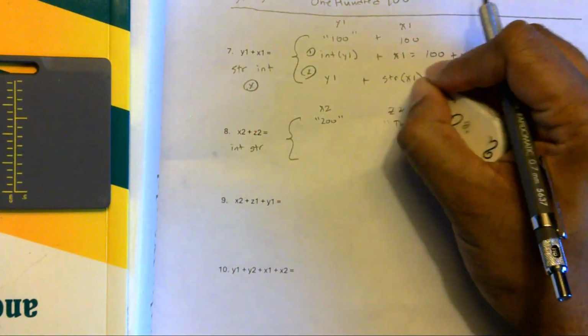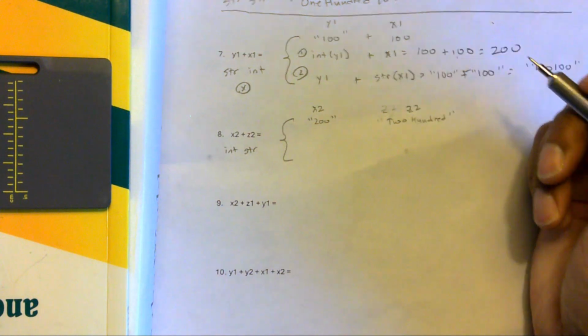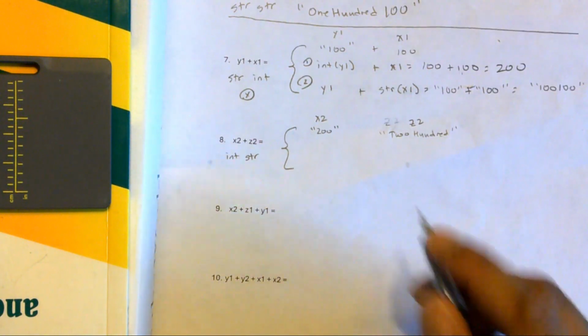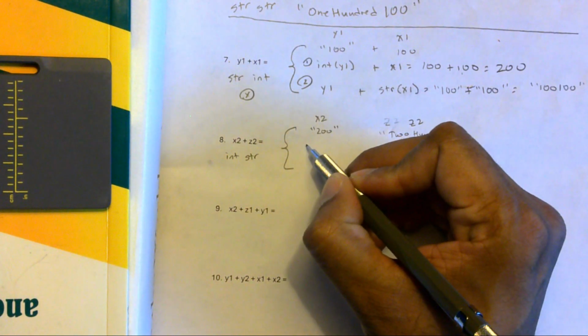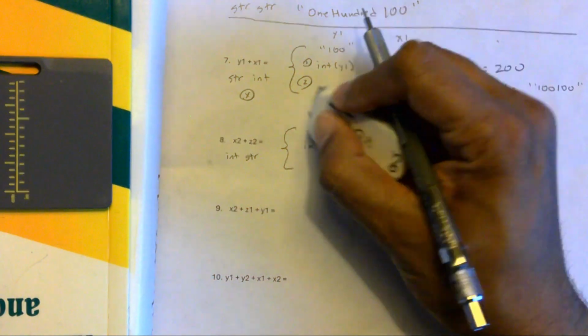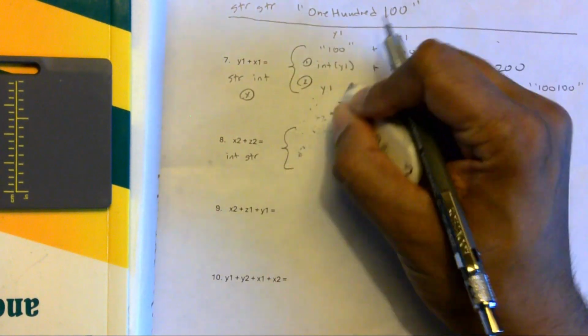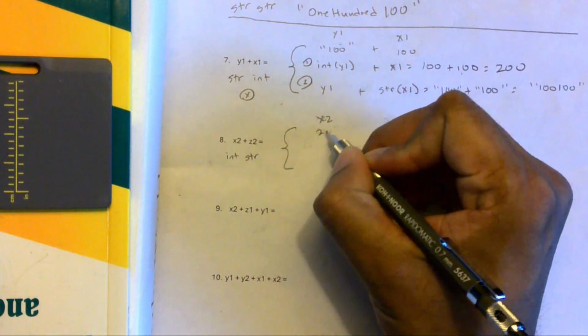So let me write this again to make it easier. z2, okay? What we want to do now is change this. This is a string, so you can change this to an int. I'm sorry, this is not right. Let's apologize, I made a mistake. So this is x2 and this is 200.